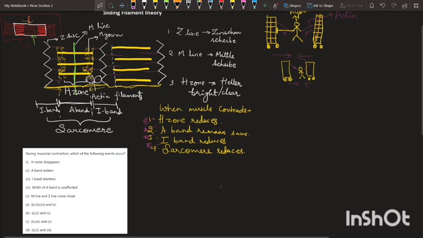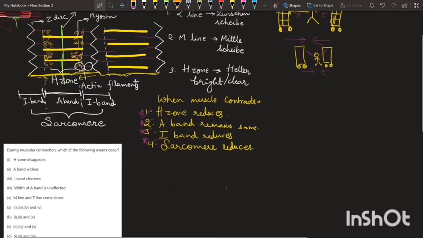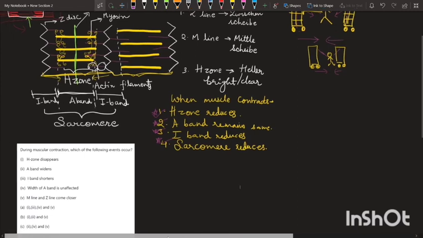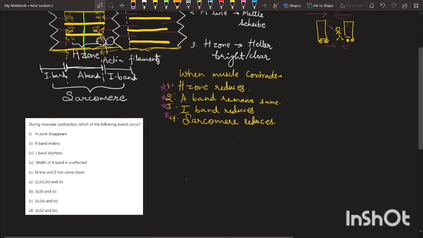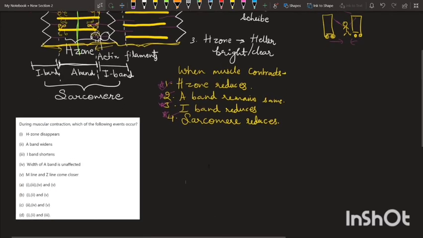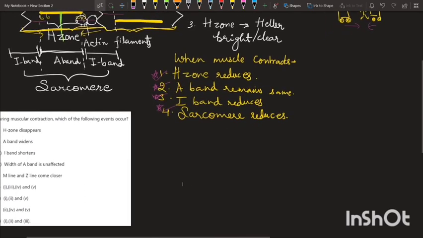So here you can see a question. Okay, so the question says, during muscular contraction, which of the following events will occur?